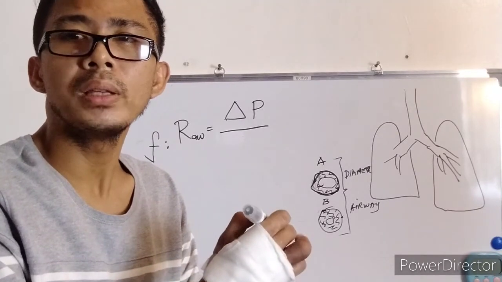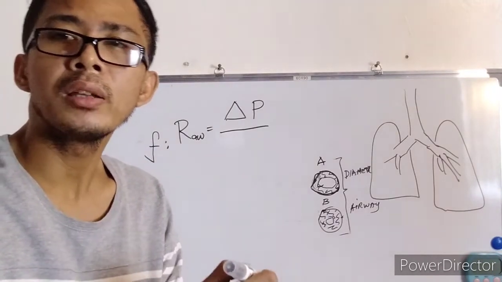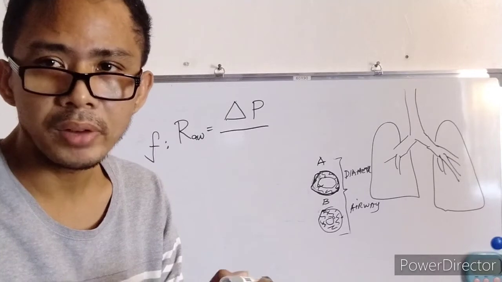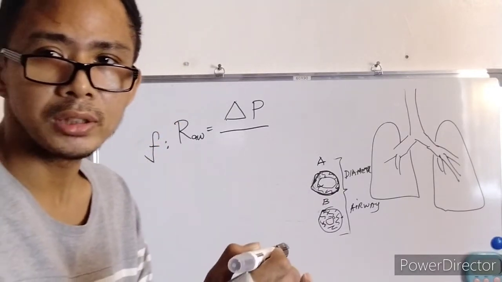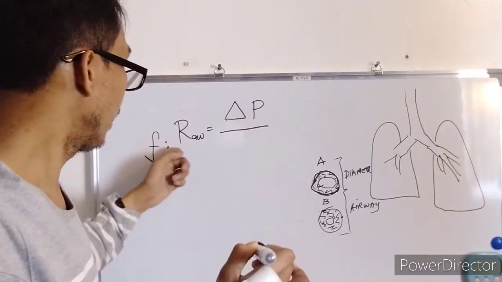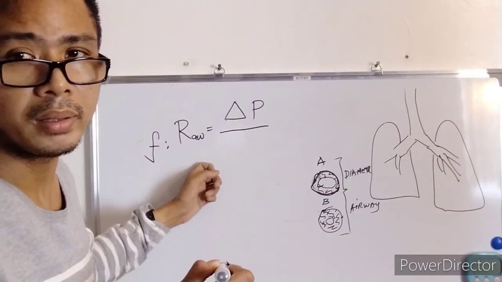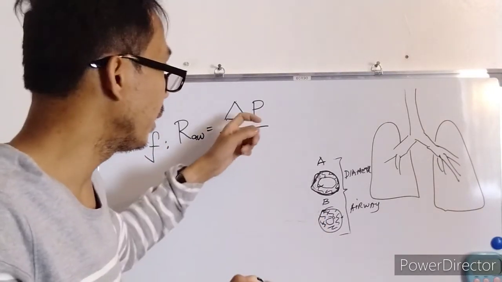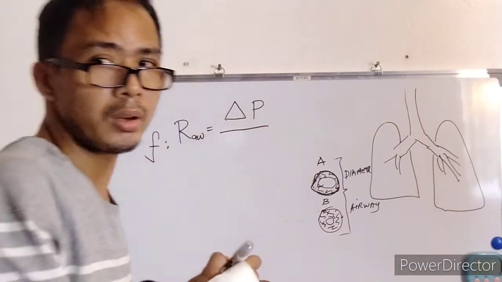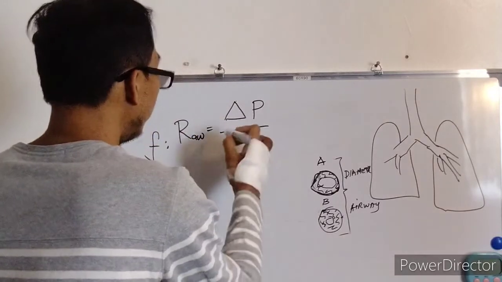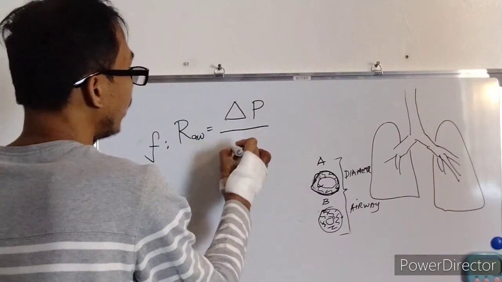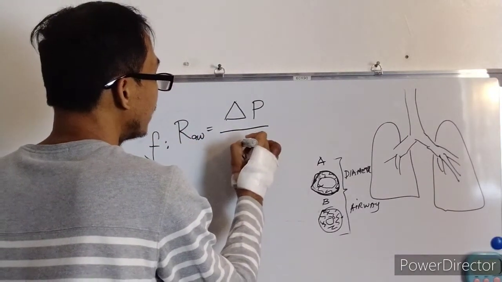So we are going to appreciate the equation of estimated airway resistance. Based on your equation, the estimated airway resistance will be pressure over flow. Flow will be V dot. Be careful, this is not volume.